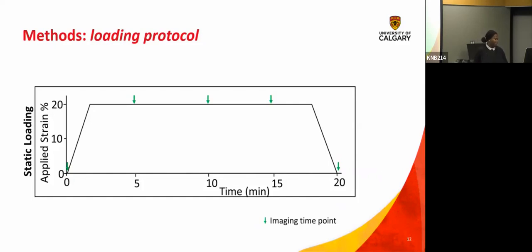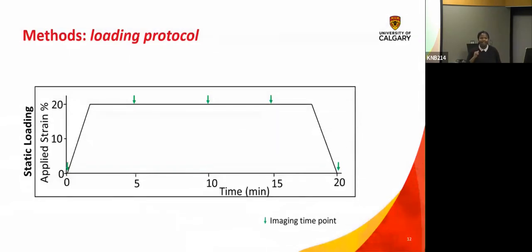I'm not sure if I have that graph here, but looking at the force curves between the static and the cyclic, there were also a couple of differences. For instance, there was a higher force response in the static than in the cyclic when you compare the values. And also the force at which the tissue gets to steady state in the static and the cyclic were different. So I'm not quite sure what information you want.